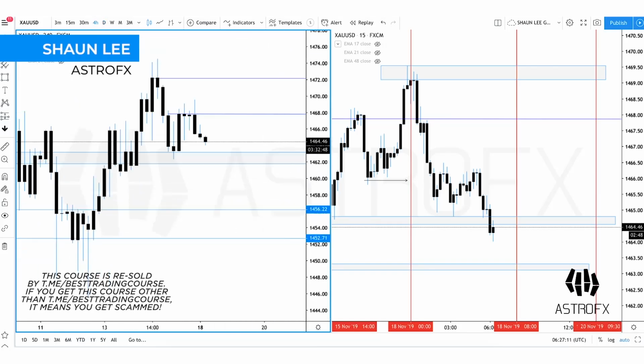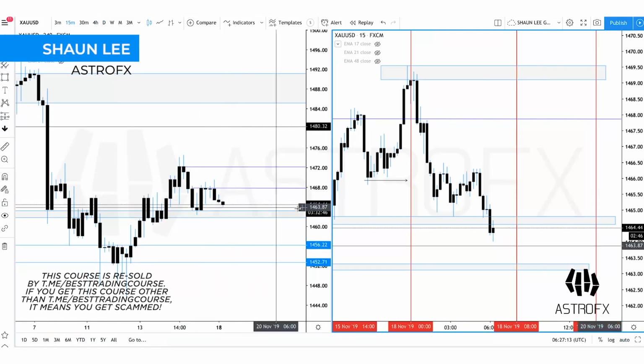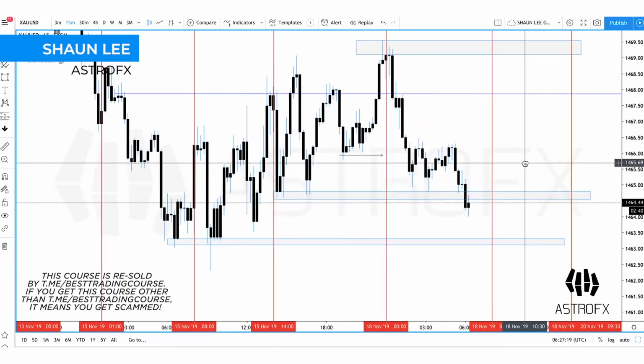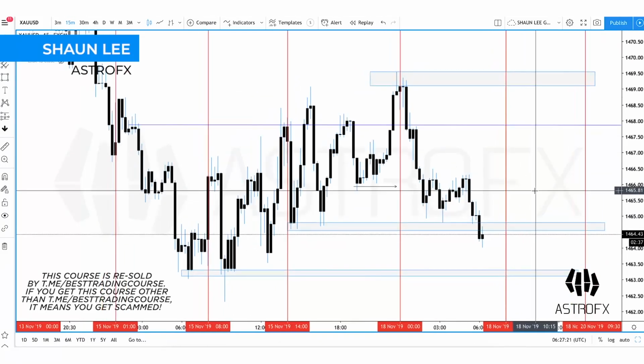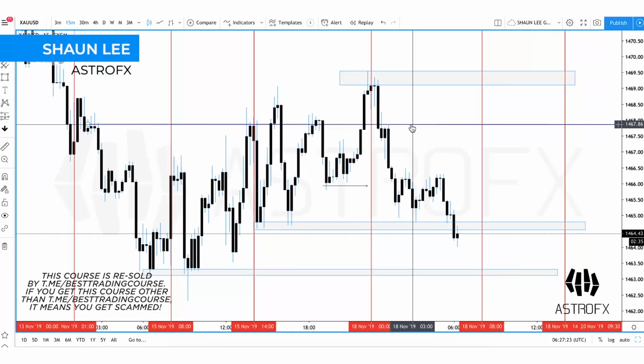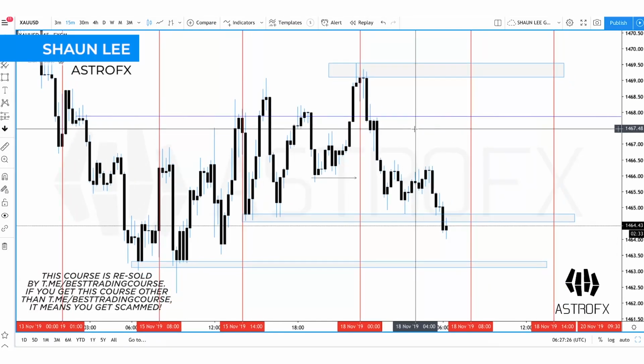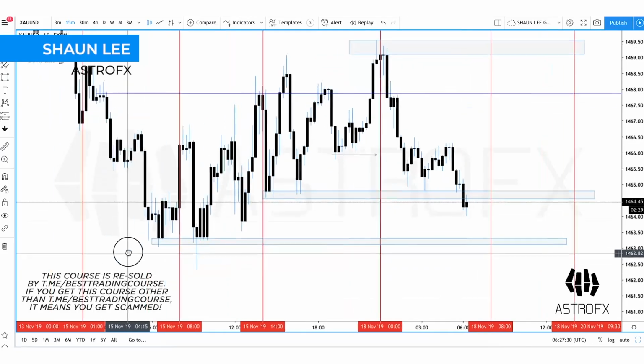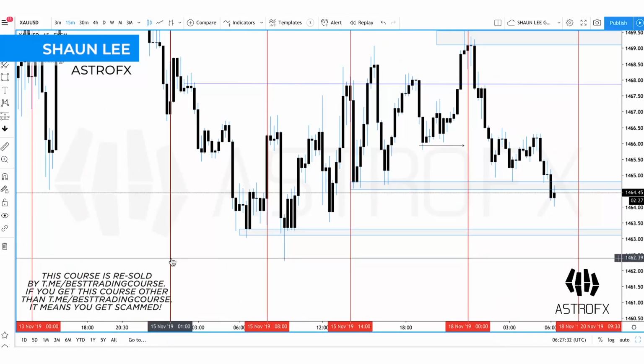So going back into that time frame. Okay, so now, sorry, let's go into the 15-minute time frame on gold. I've more or less copied and pasted this area across. And on the 15-minute, we have the, what low is this?